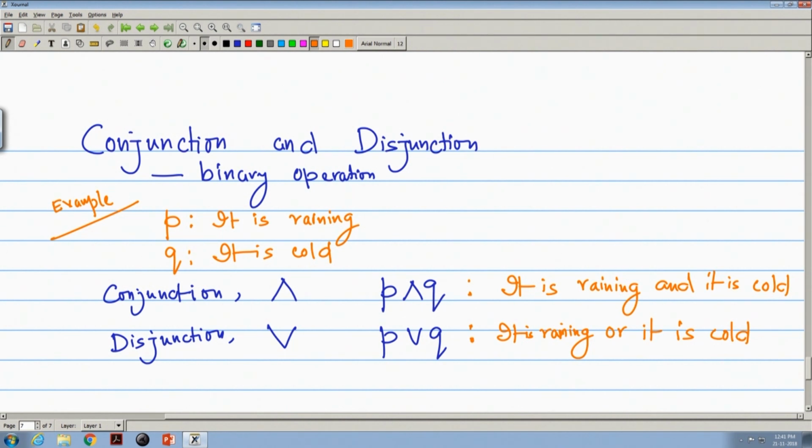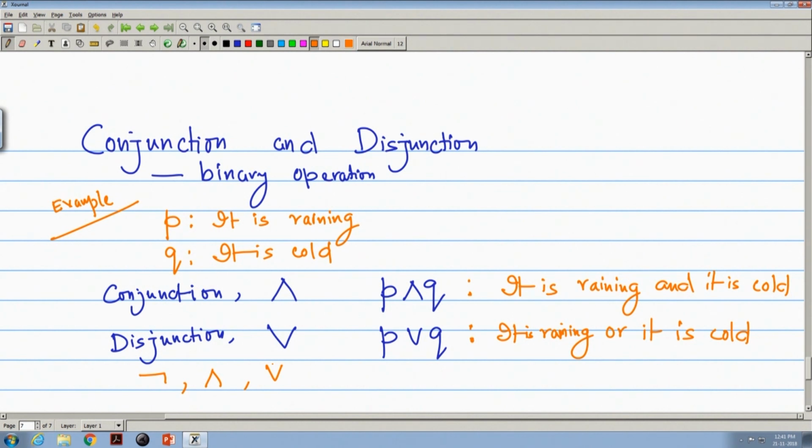So, these are the three basic operations on propositions: negation, and, or.